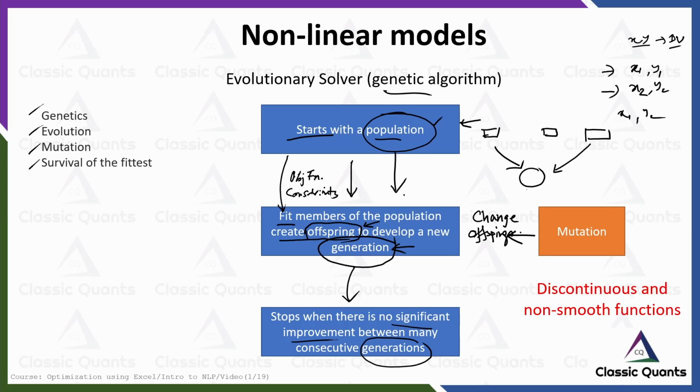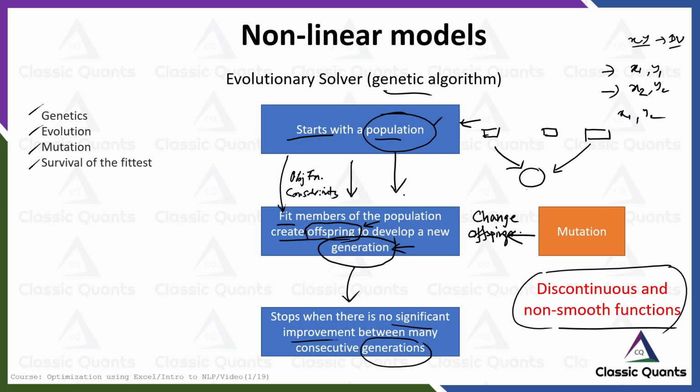This is how the evolutionary solver works, and although it can be used for any type of problem, like linear programming or smooth continuous functions, it is recommended that you use it for discontinuous and non-smooth functions, because for other functions like smooth, continuous or linear functions, you already have simplex LP and GRG nonlinear, which work very well and efficiently fast.